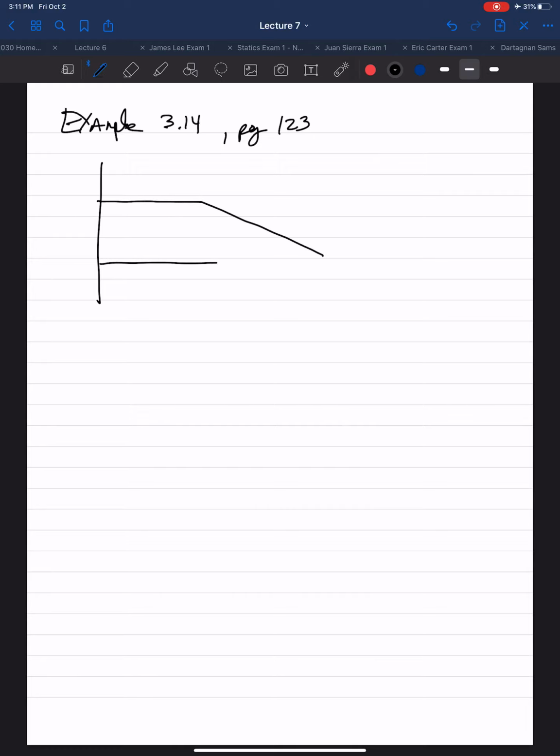Took a look at an example problem. Let's look at example 3.14, page 123. Here they want us to replace the force and couple system shown. Let's draw it out. You have a P kilonewton force, 30-degree angle.